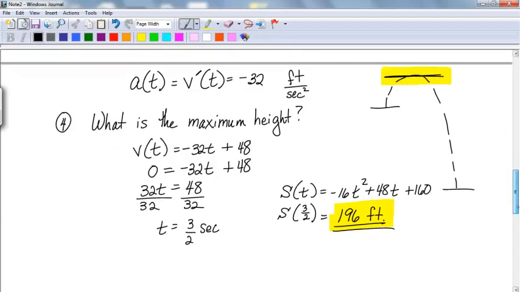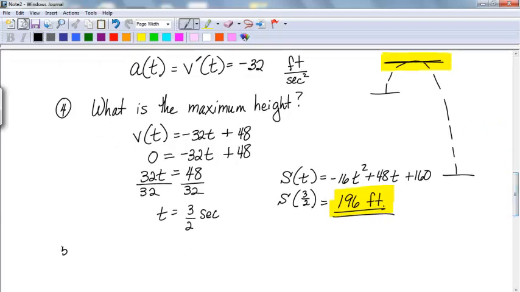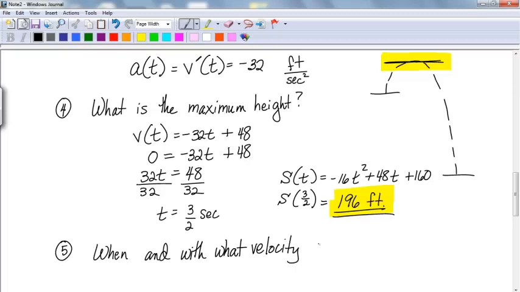Okay, last question on this problem. When and with what velocity will it hit the ground?